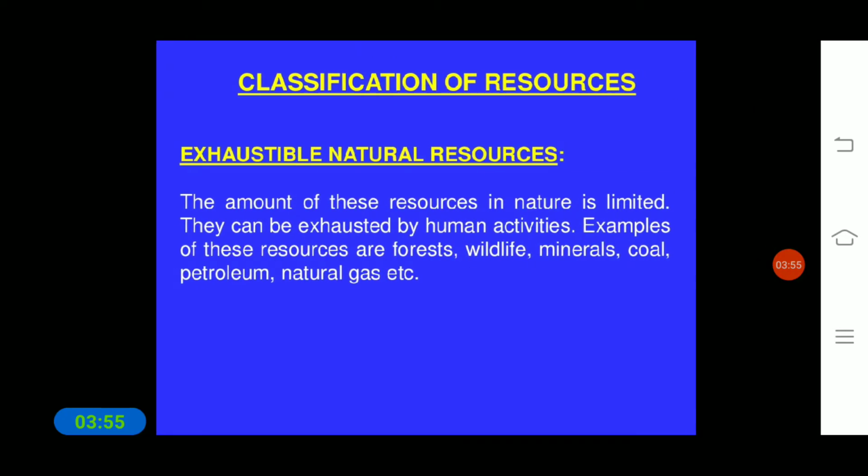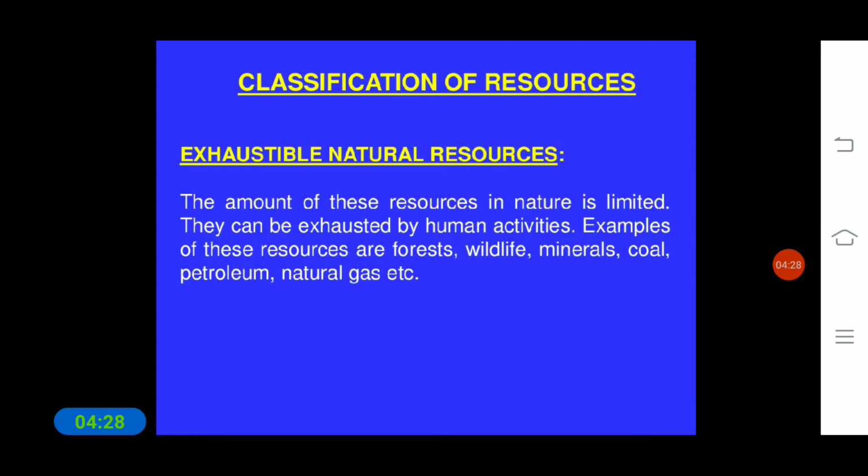So next we go to the exhaustible natural resources. What do you mean by exhaustible natural resources? Children, the amount of these resources in nature is limited and they can be exhausted by human activities. Examples of these resources are forests, wildlife, minerals, coal, petroleum, and natural gas.